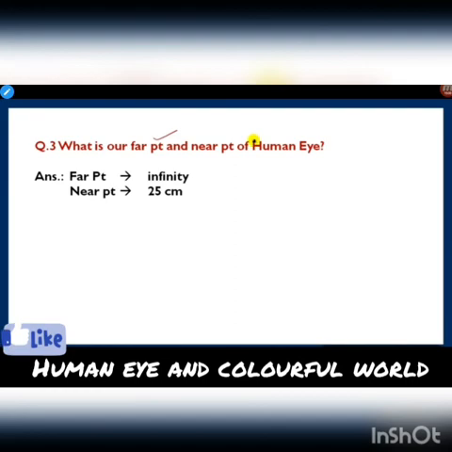Now the next question is, what are the far point and near point of the human eye? The far point is infinity. That means it can be whatever distance. The near point is 25 centimeter.